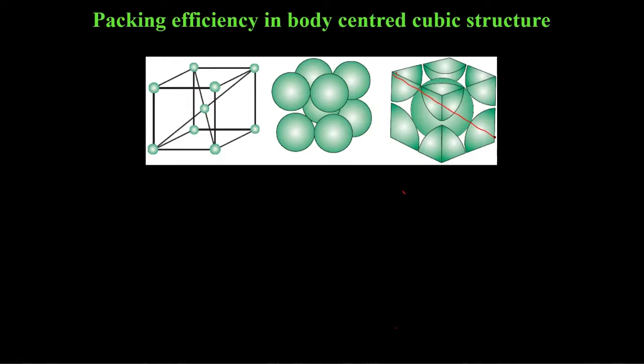And if we see here, the body diagonal is now 4r: r, r, r, r. From that, we will get the face diagonal, and from the face diagonal, we will get the edge.